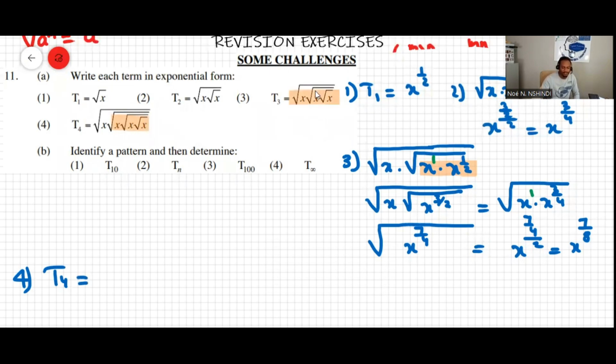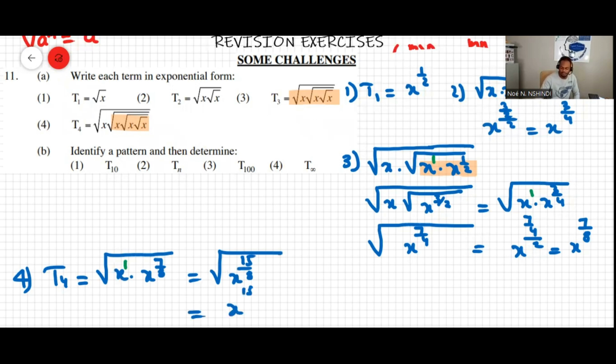So we can just say square root of x multiplied by x to the 7 over 8. Again, this will be square root of x to the power of, we're going to add the exponent here. If you add the exponent, it's going to be 15 over 8. And then this will be x to the 15.